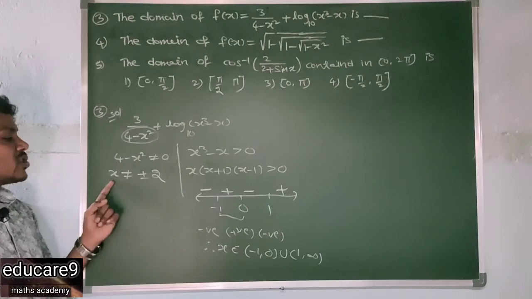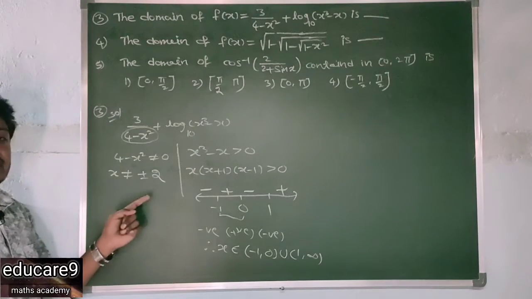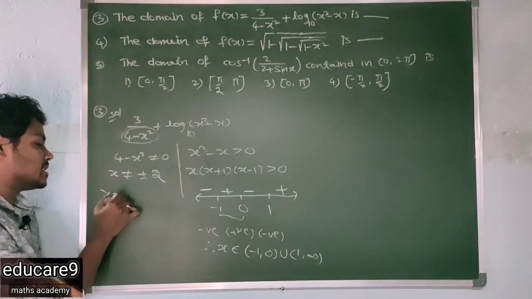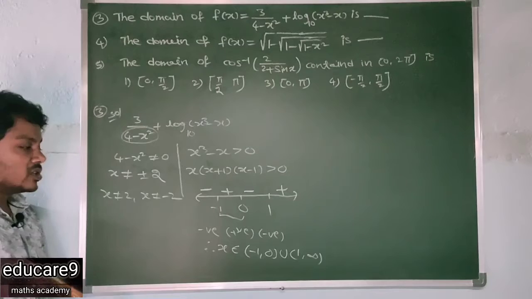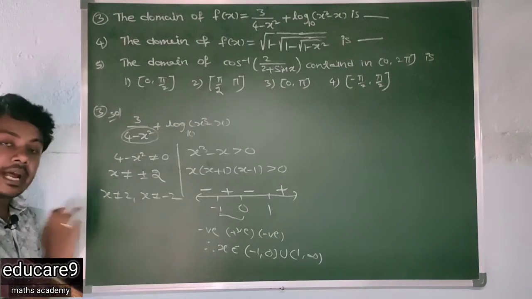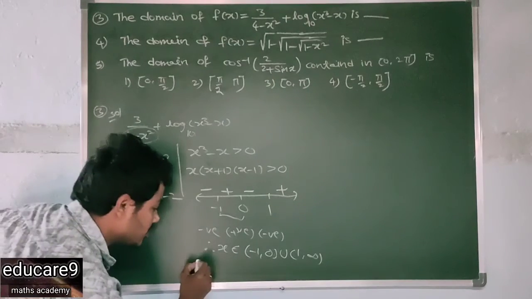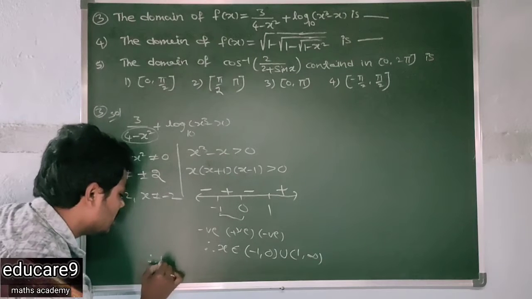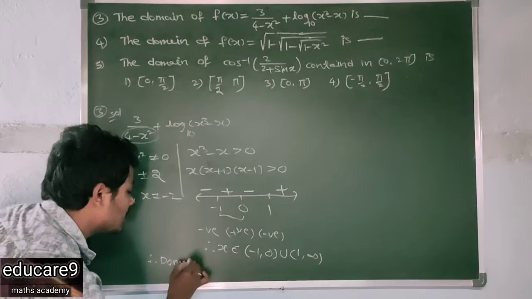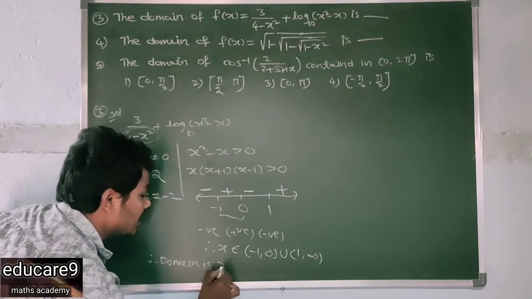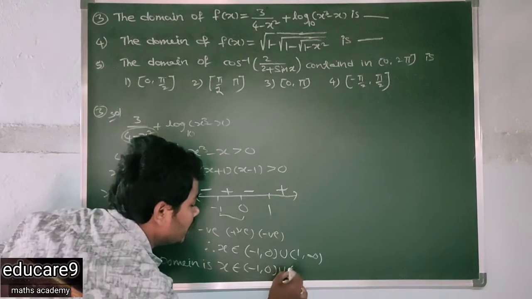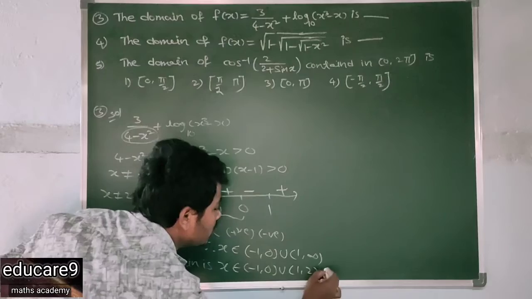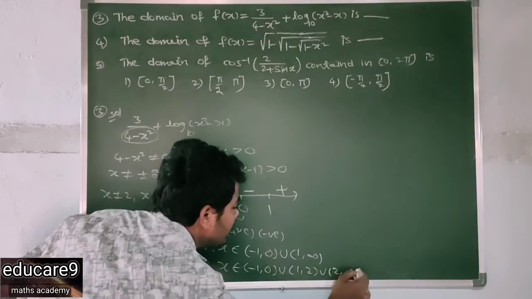But here x is not equal to plus or minus 2, meaning x is not equal to 2 and x is not equal to minus 2. So here 2 is not included. Therefore the domain is x belongs to (minus 1, 0) union (1, 2) union (2, infinity).